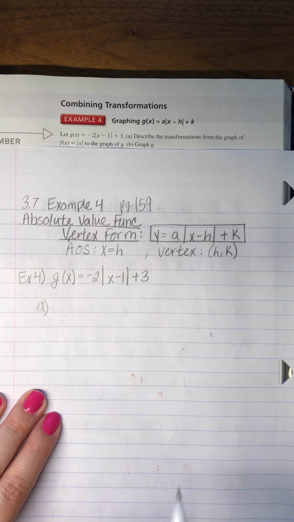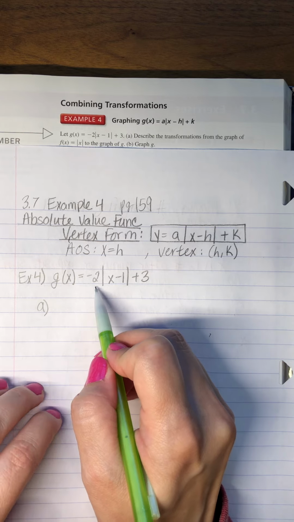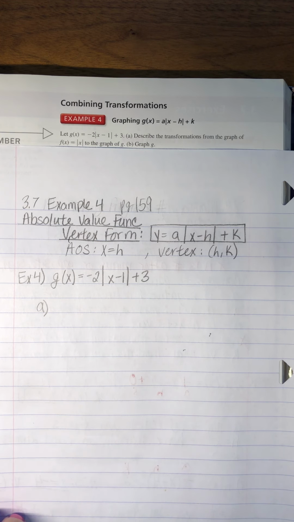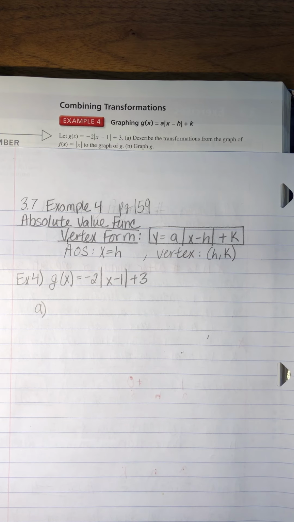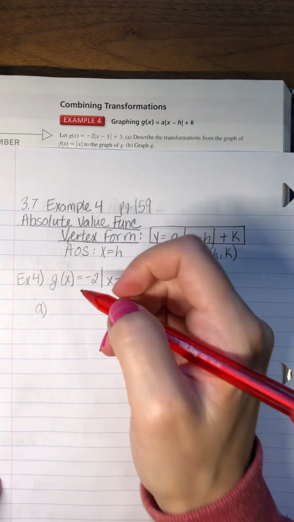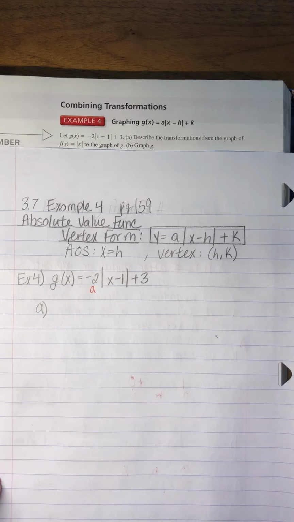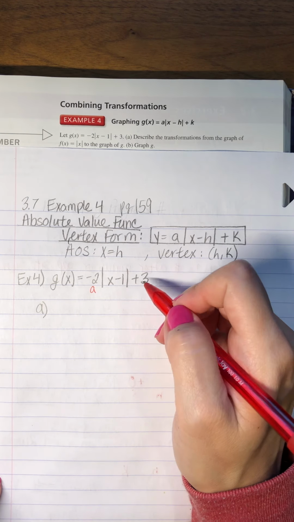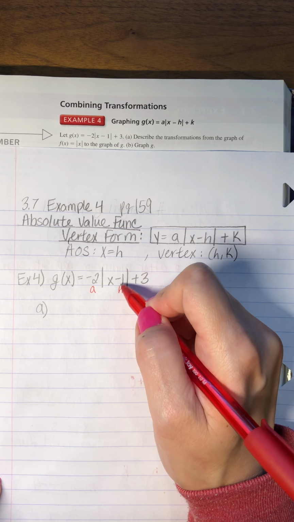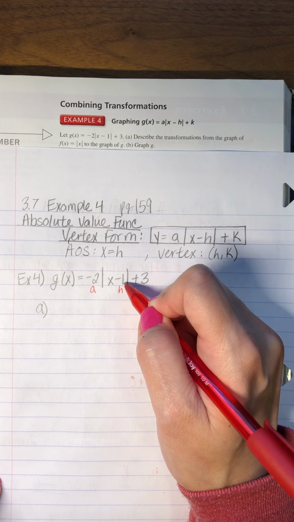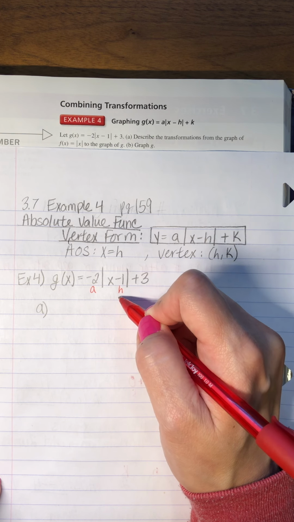All right, so first let's talk about our transformation. In our equation, let's identify our A, H, and K. Our A value here is -2. Our H value is in the absolute value bars here, but be careful, it's the opposite of this, so it's really a +1.